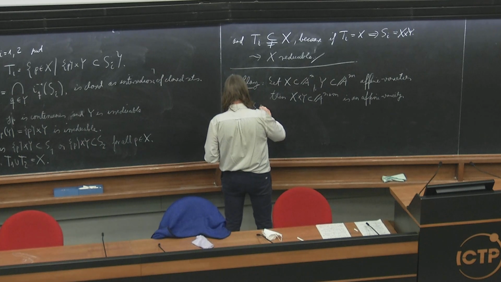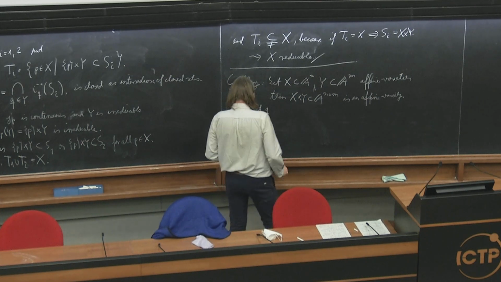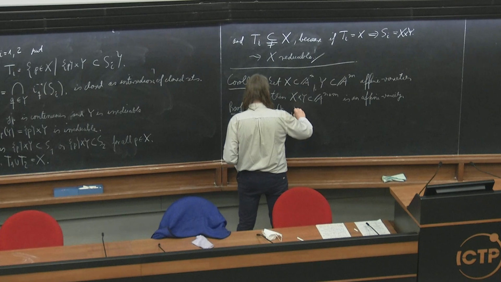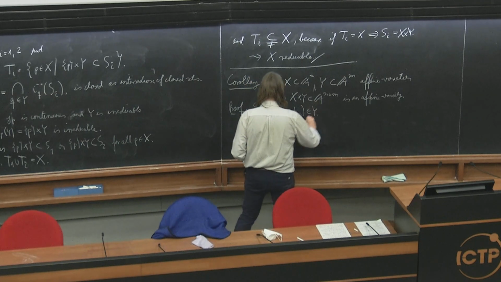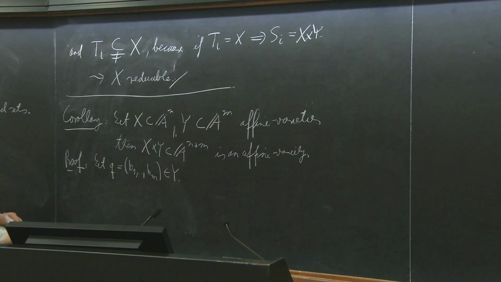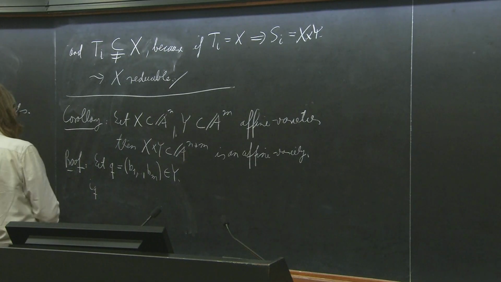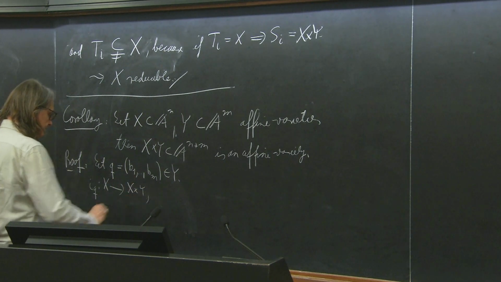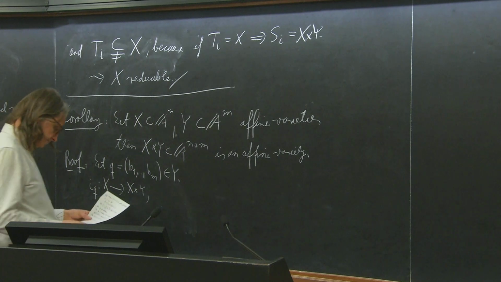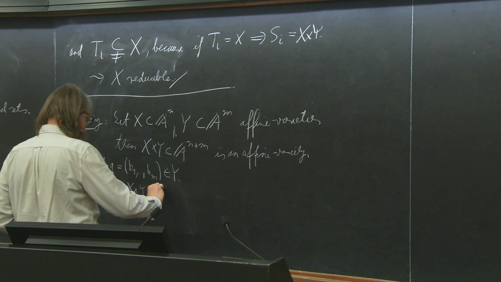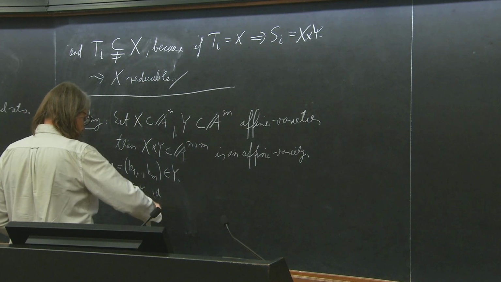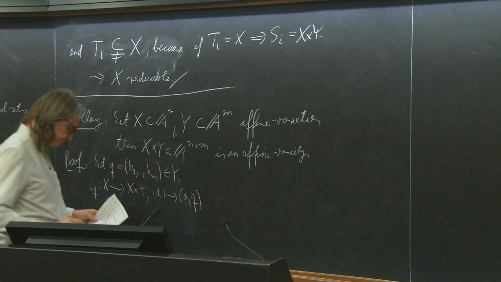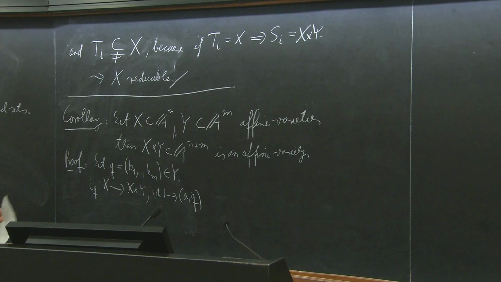So we have to check. If I take a point Q in Y, I can give it coordinates, say b1 to bm, point in Y. Then what is the map IQ? The map IQ that I had defined before, from x to x times y, is the map which sends a point A in x to A, comma Q. What does it mean?